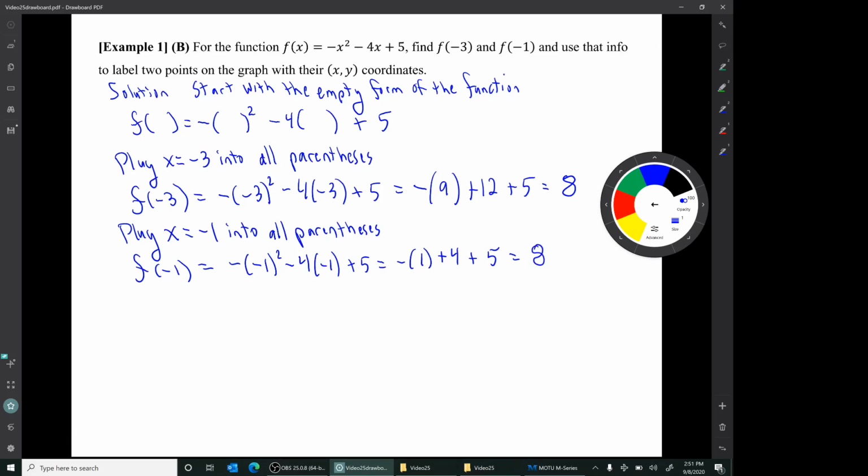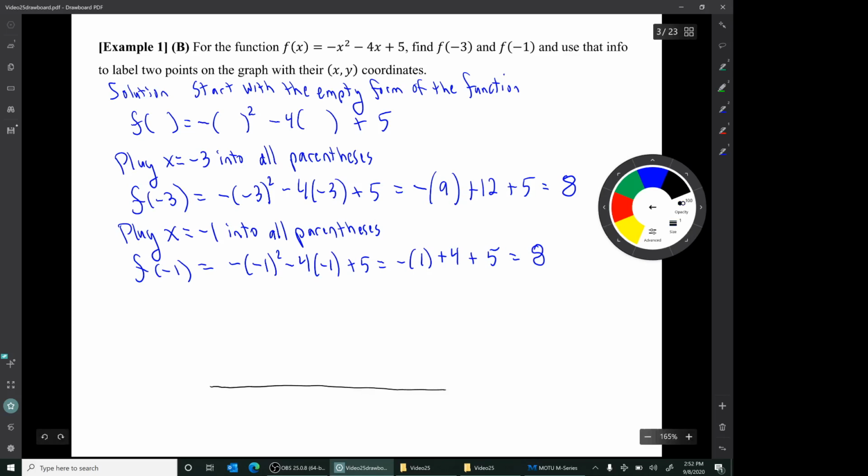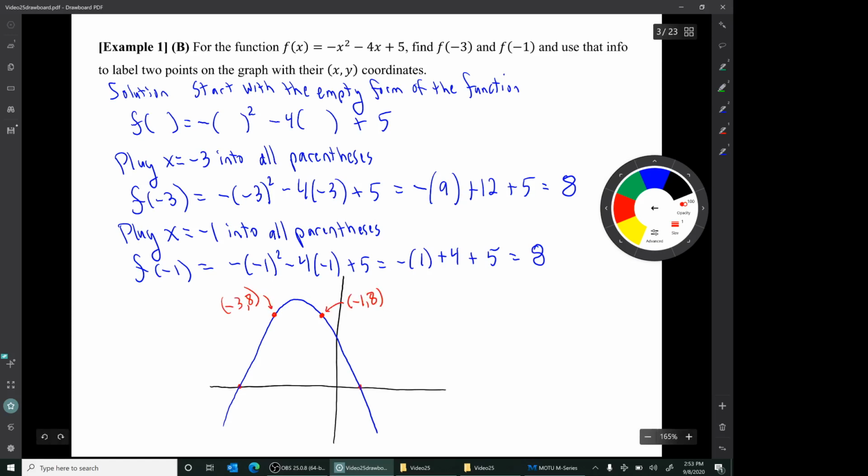So notice that at these 2 x coordinates, the y coordinates are both 8. We will use that information to label 2 points on the graph. I'm going to draw a new graph so we can see the progress. So there are the 2 points whose coordinates we now know from our calculations.